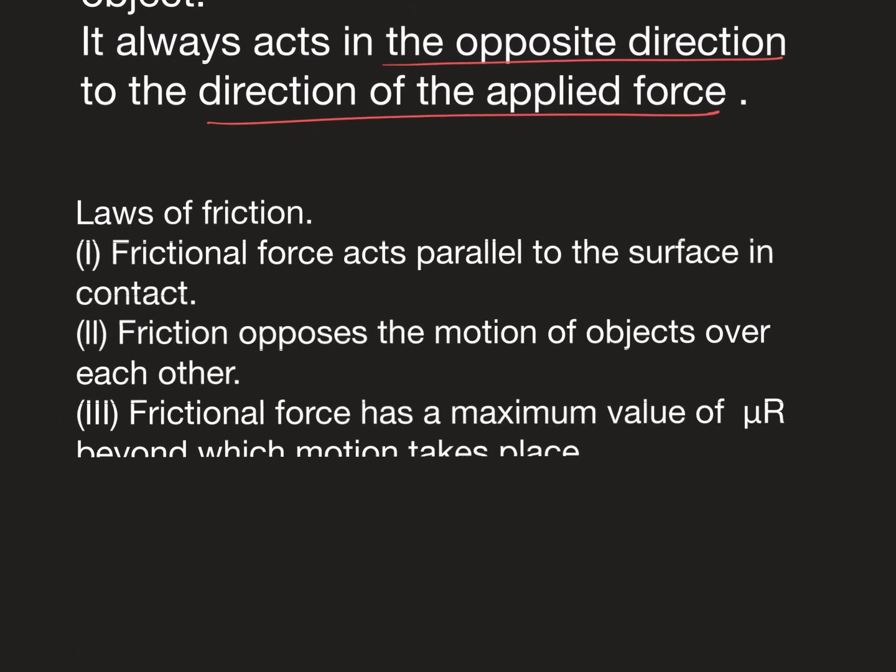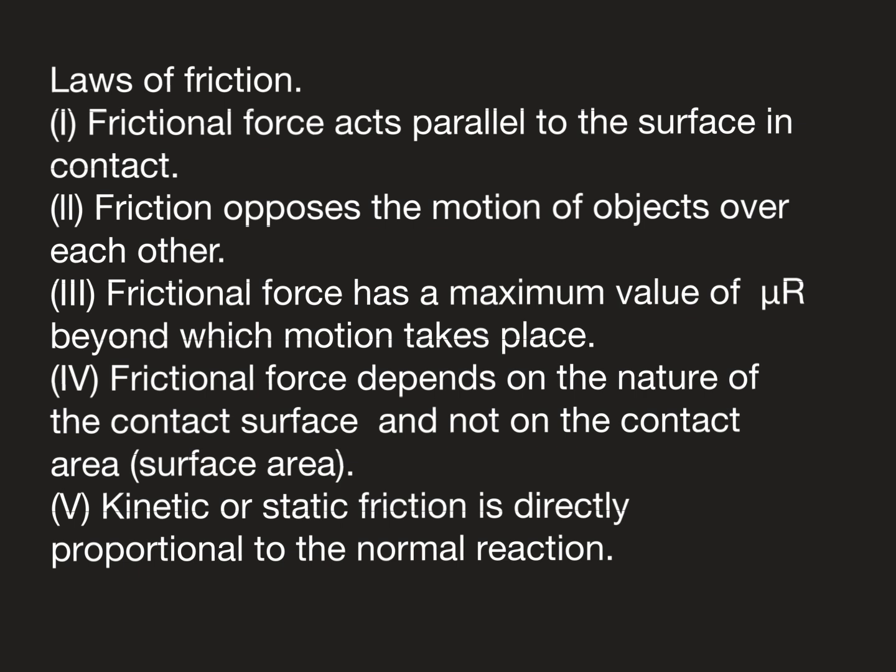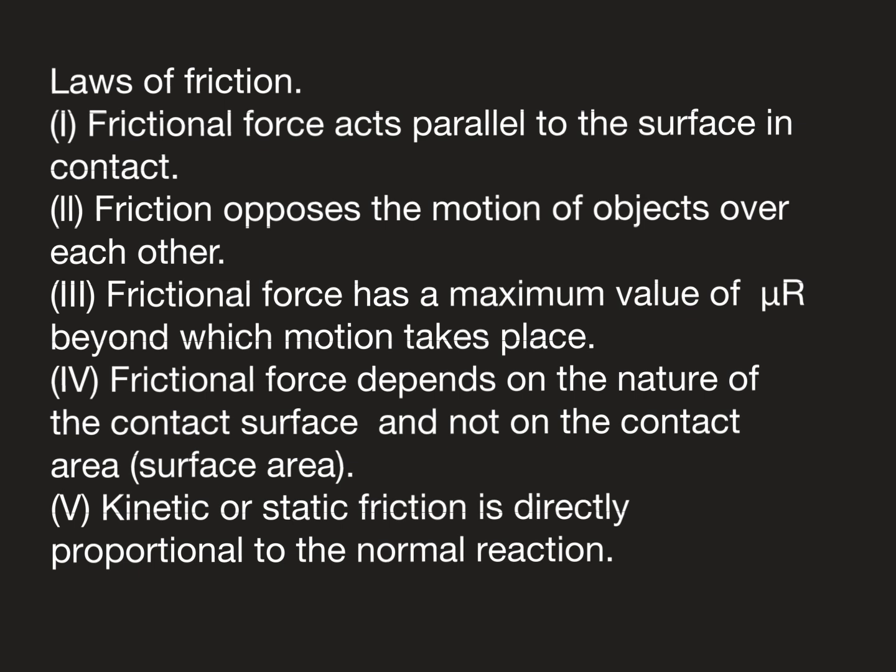So moving on to the laws of friction. One of them is: frictional force acts parallel to the surface in contact. Friction opposes the motion of an object over each other.